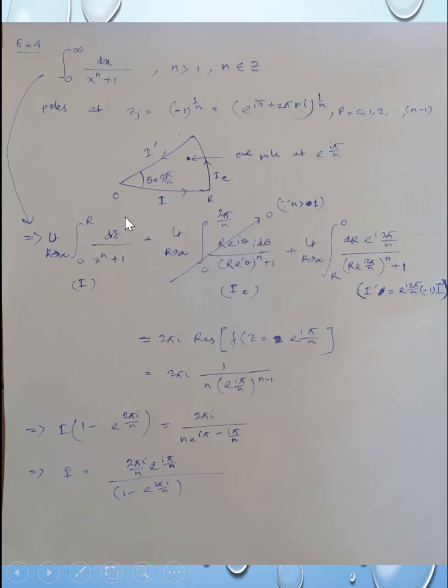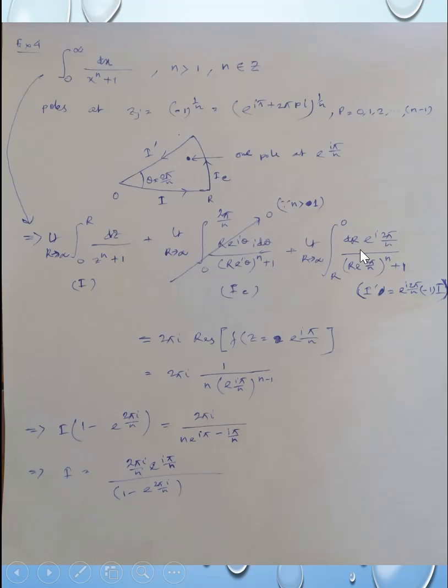Accordingly I have written those: 0 to r, then the arc part where x is r exponential I theta, and the third part where x equals r exponential I 2 pi by n.